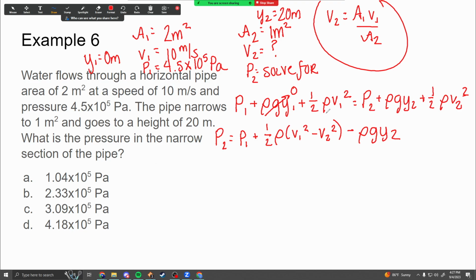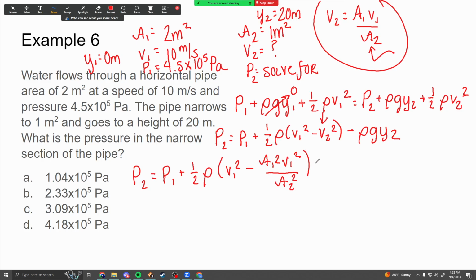So when I do this, once again, I don't know V2, but I do have a relationship for V2 as a function of variables that I do know. So P2 is equal to P1 plus 1/2 rho (V1 squared minus A1 squared V1 squared over A2 squared) minus rho g y2.